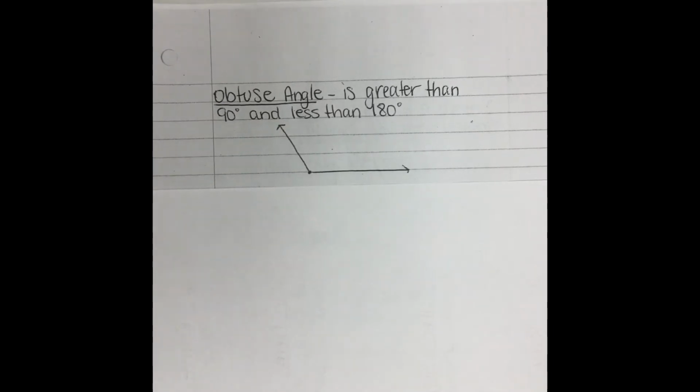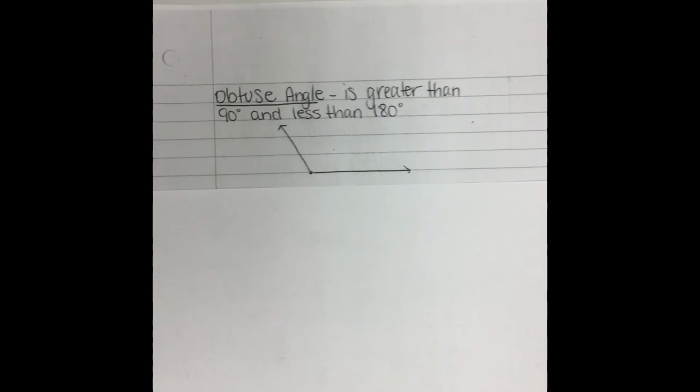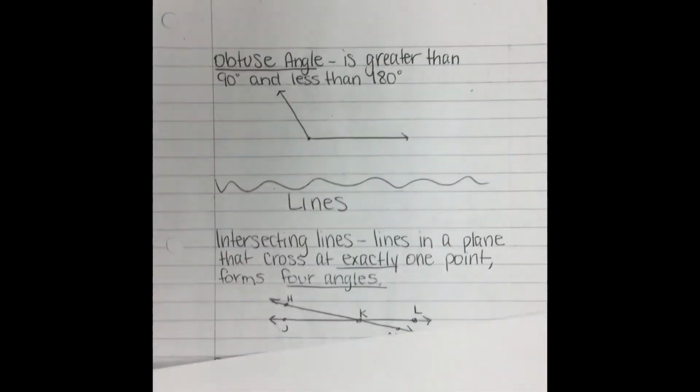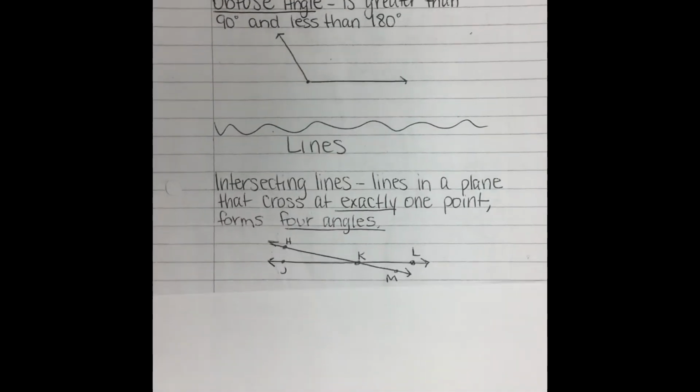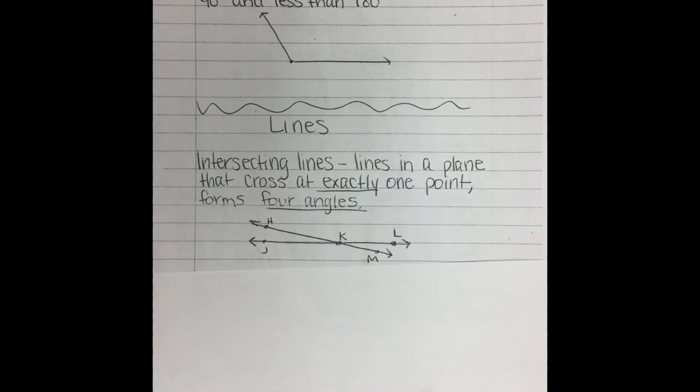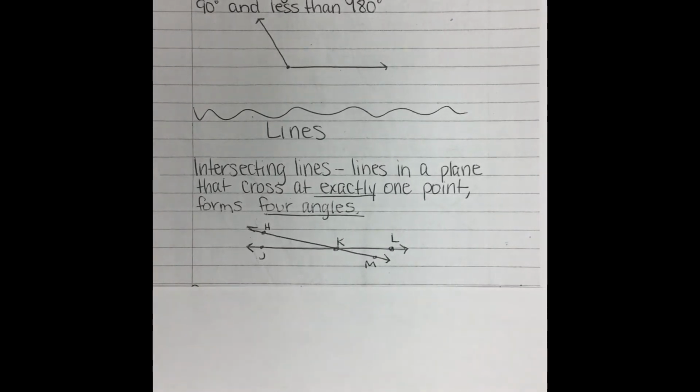Okay, so we're going to move on into the lines now. And the notes are pretty much written for it, you know. Intersecting lines are lines in a plane that cross at exactly 1 point. And it forms 4 angles. So it kind of looks like an X. So line HKM intersects with line JKL.